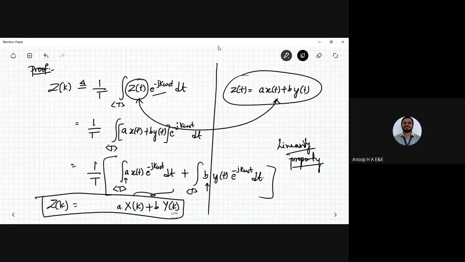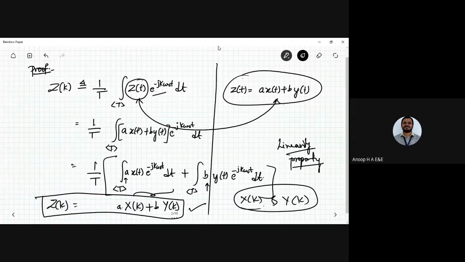Substituting, z of k is a into x of k plus b into y of k, where x of k and y of k are the Fourier coefficients of x of t and y of t. Is it clear to all of you? This is nothing but the linearity property of the Fourier series.